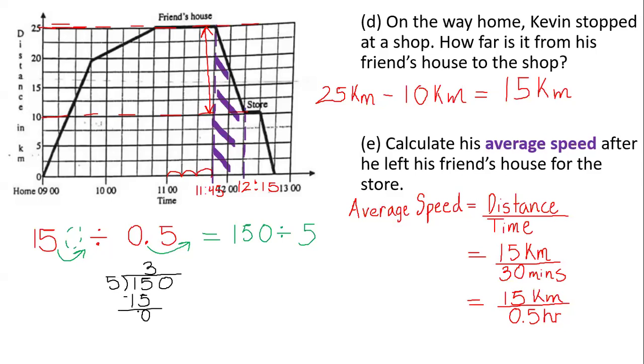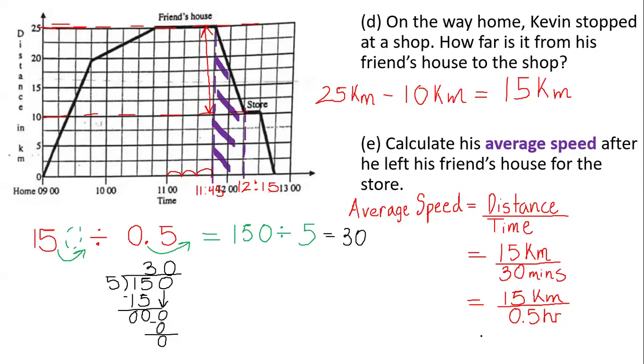Now on the 0, how many times does 5 go into 0? 0 times. 5 times 0 is 0, and 0 minus 0 is 0. So 150 divided by 5 is 30. Very good.